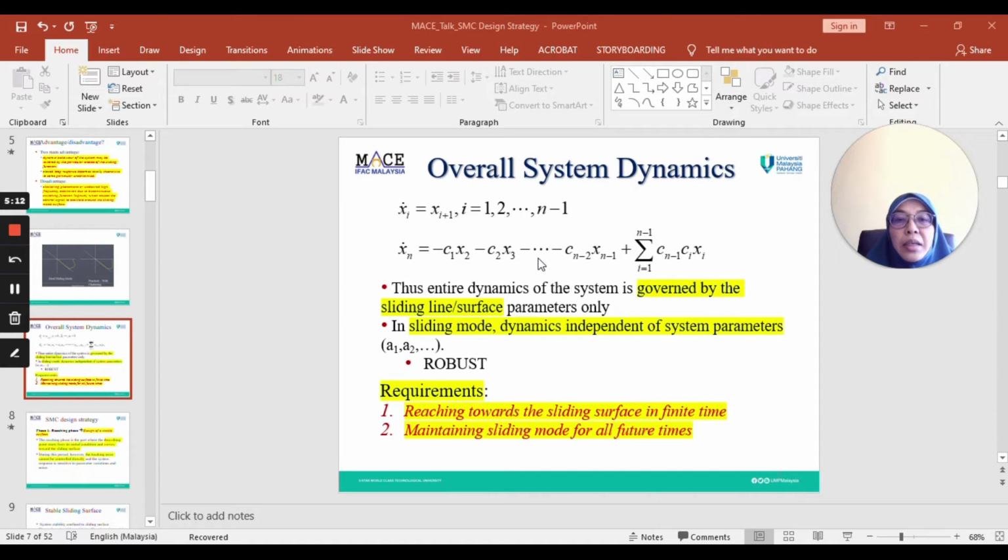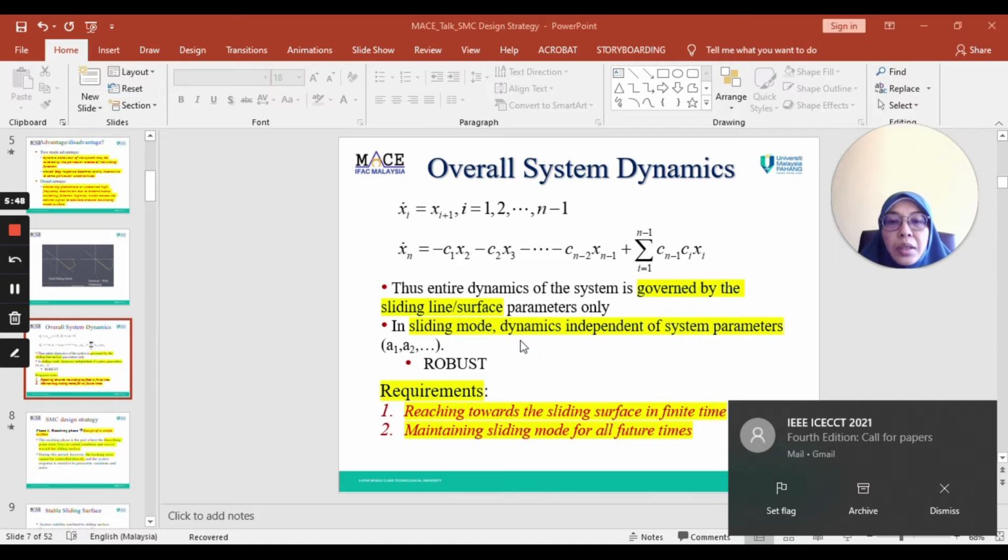So this is the overall system dynamics given by this equation, where the entire dynamics of the system is governed by our line or surface parameters only. This is the case if we design our controller for a regulation problem. So in sliding mode, the dynamics are independent of system parameters.